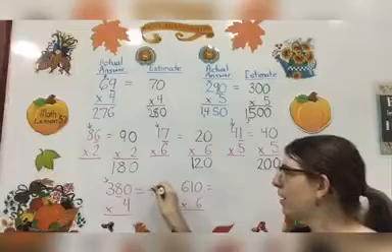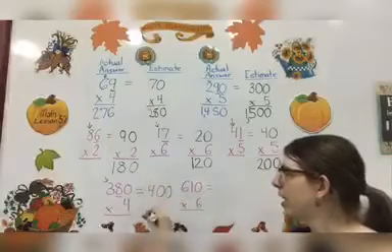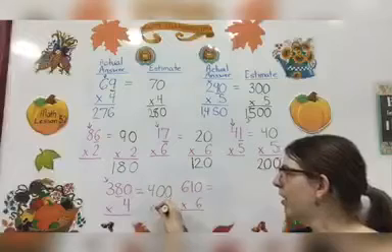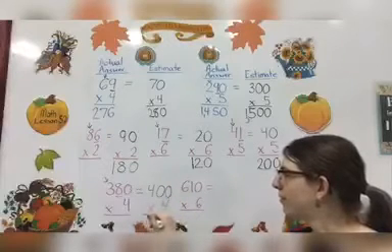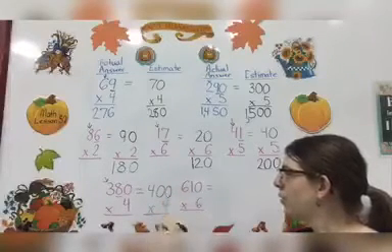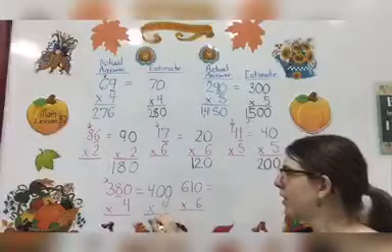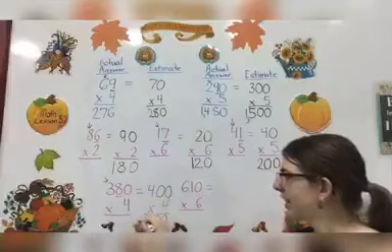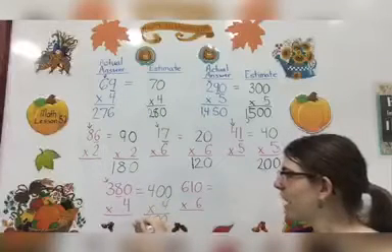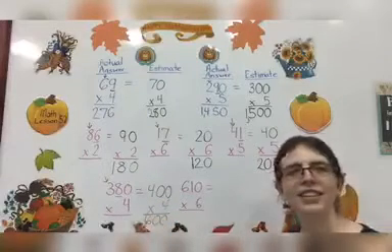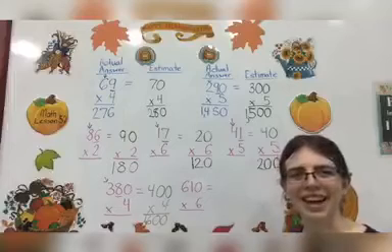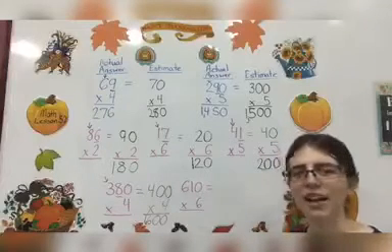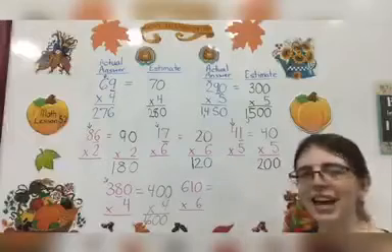So it becomes 400 times 4. 0 times 4 is 0. 0 times 4 is 0. 4 times 4 is 16. We need our comma in there. And that's your answer, 1,600. Okay, last one. 610 times 6.